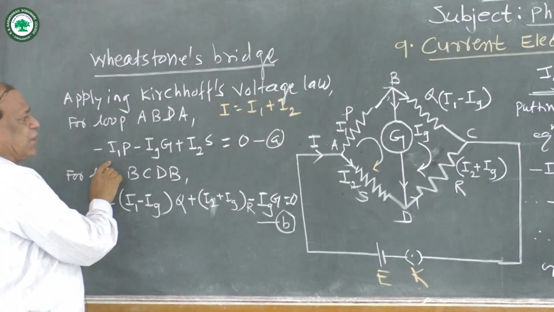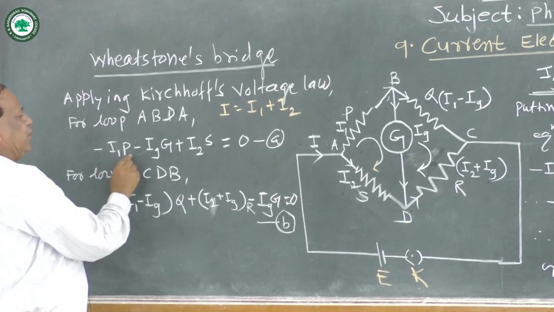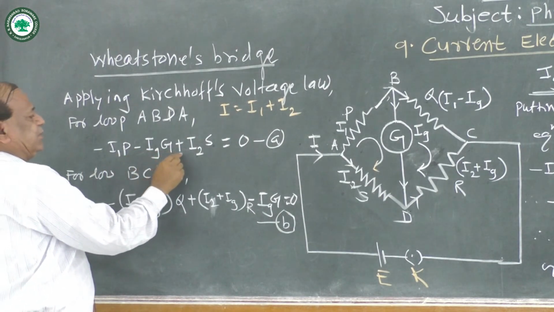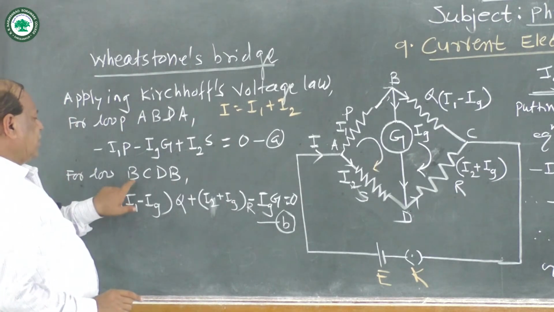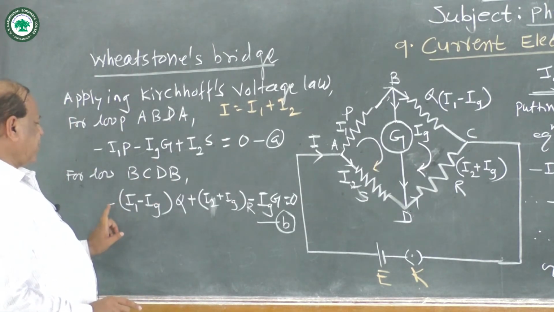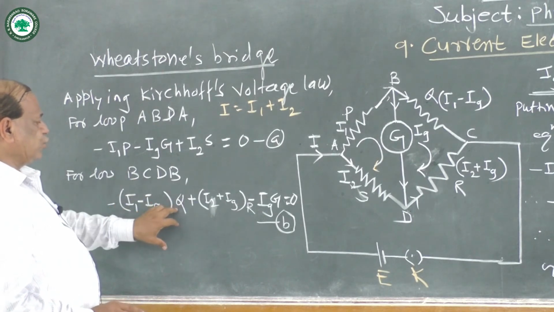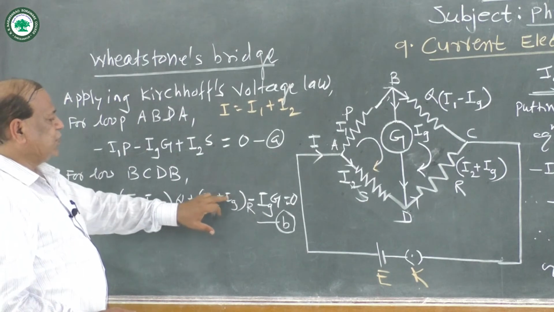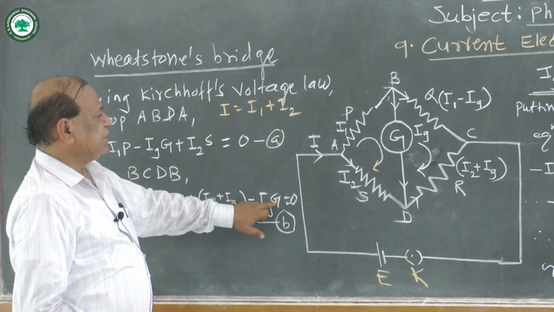Now the potential difference across resistance P: minus I1P minus IgG plus I2S is equal to 0. For the second loop B, C, D, B: minus (I1 minus Ig) into Q plus (I2 plus Ig) into R minus IgG.